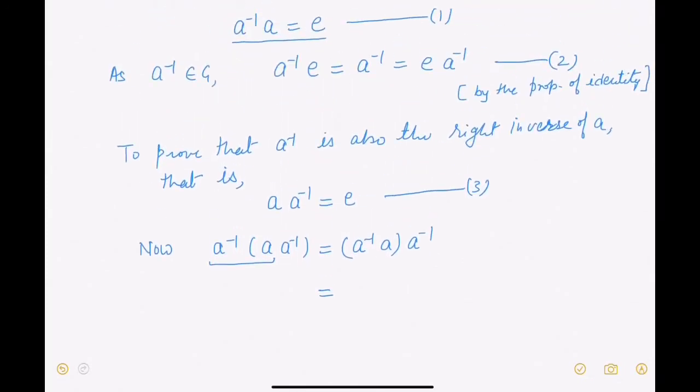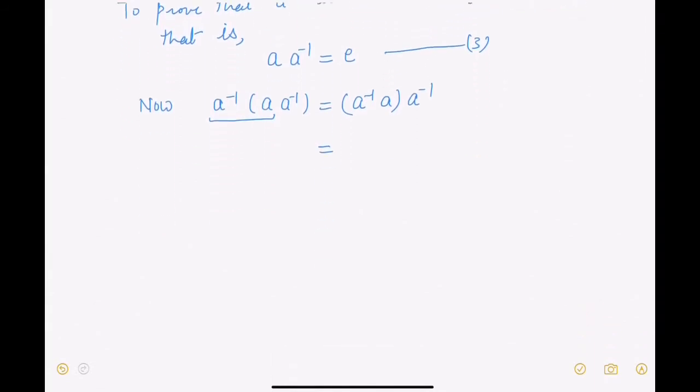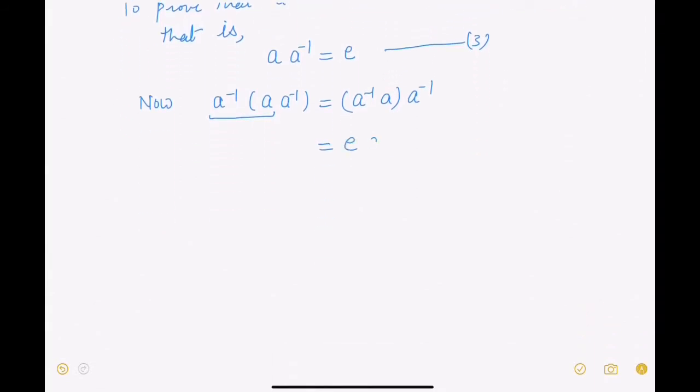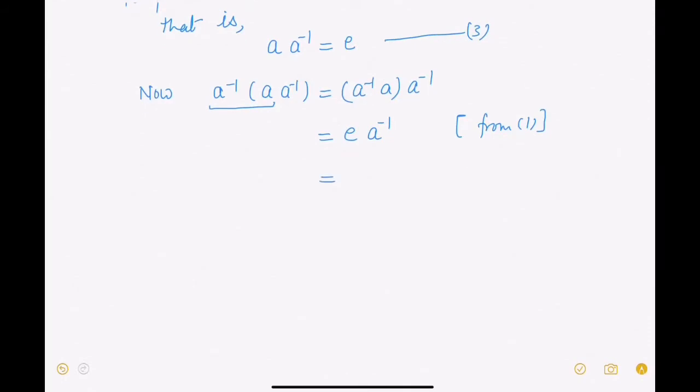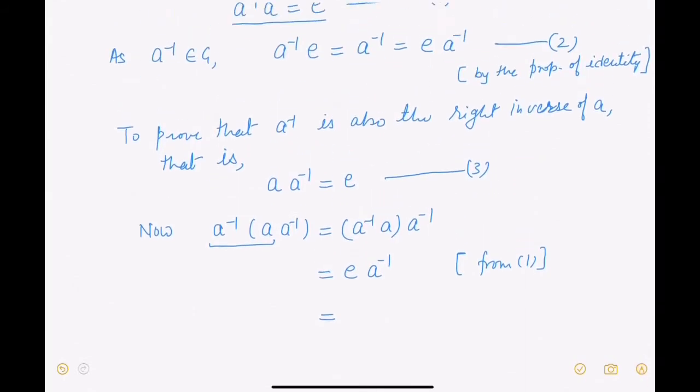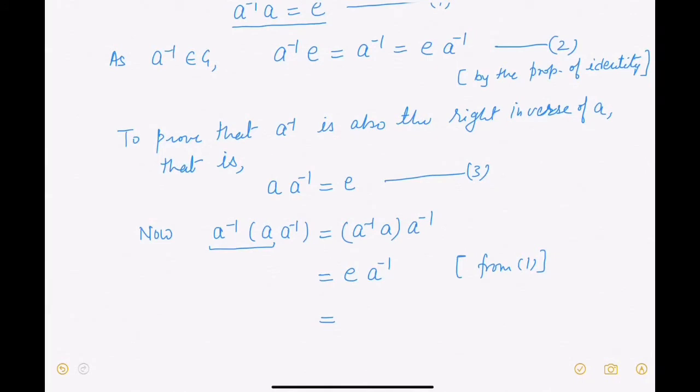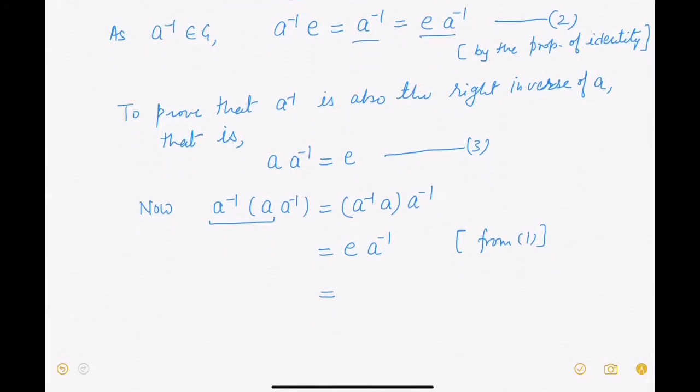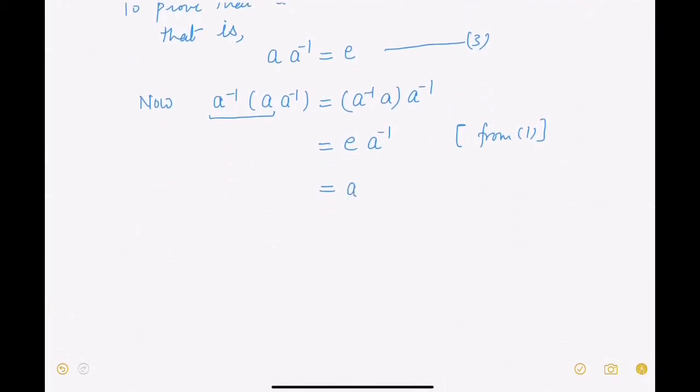A inverse operated on A is E from 1, so we get E operated on A inverse. Now E operated on A inverse gives us A inverse, using 2.